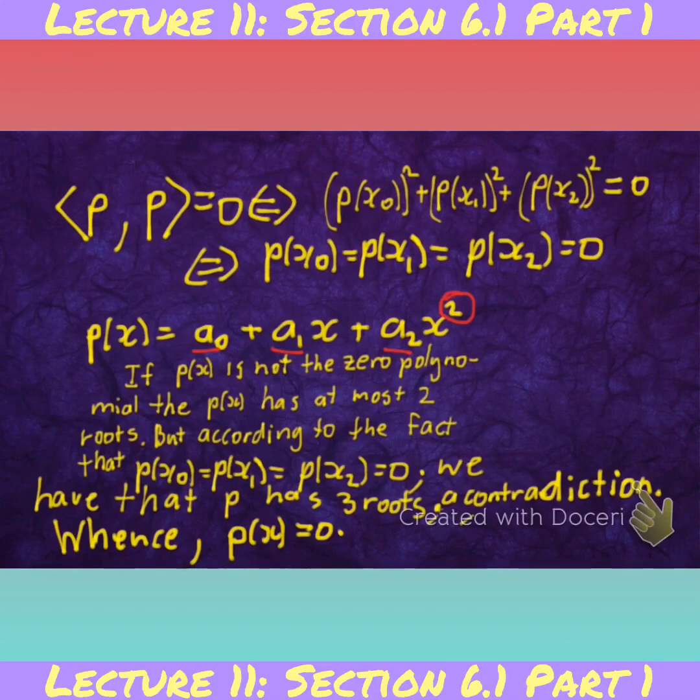So therefore, if p is the 0 polynomial, then obviously this, which is pretty much equal to that, is going to be equal to 0, and vice versa. If this is 0, then it's going to force these 3 things to be 0, which is going to force p to be the 0 vector. Okay, so the last axiom holds, so therefore that is definitely an inner product.